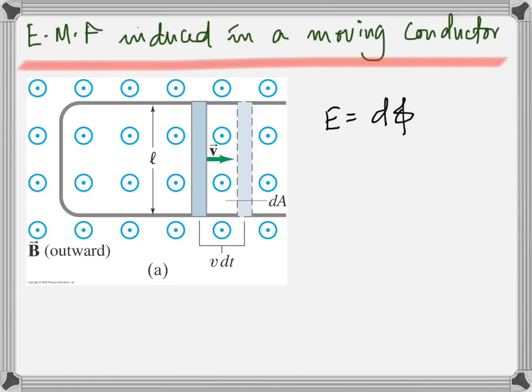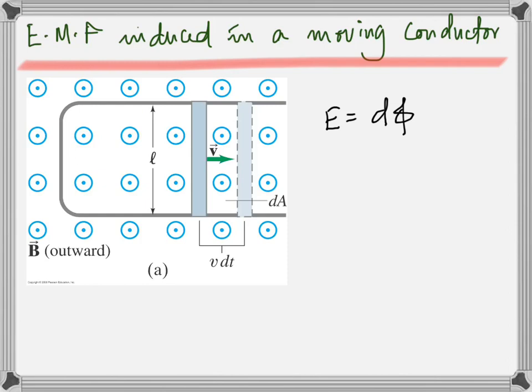What kind of field is this? It's out of the plane of the page. And you have a loop like that with a movable part, kept horizontal, so that the circuit is always completed. You move it through this magnetic field.